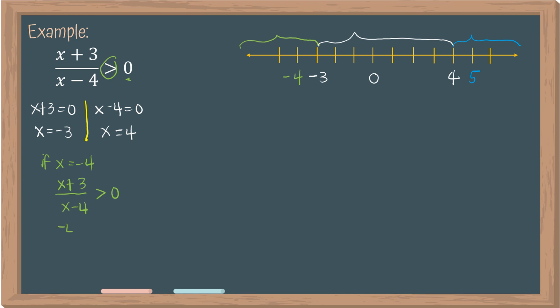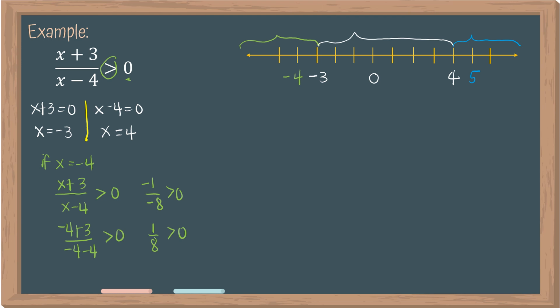So, negative 4 plus 3 all over negative 4 minus 4 is greater than 0. So, negative 4 plus 3, that will be negative 1 over negative 8 is greater than 0. So, negative 1 divided by negative 8, that will be positive 1/8 greater than 0.